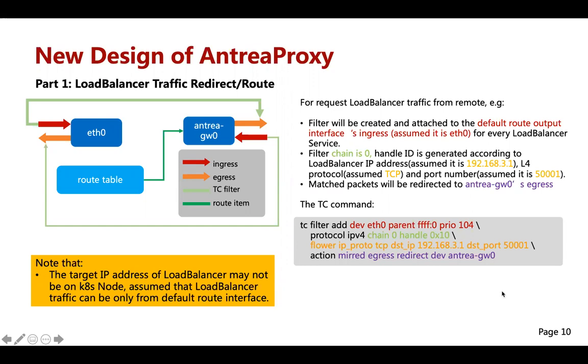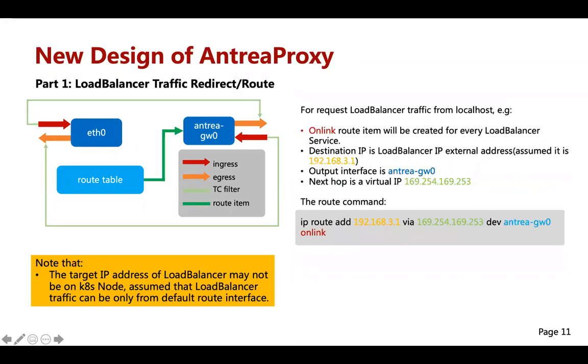Okay, that's almost the same as the NodePort TC filters. The difference is the IP address is the load balancer external IP and its port. Okay, next for load balancer traffic from localhost.